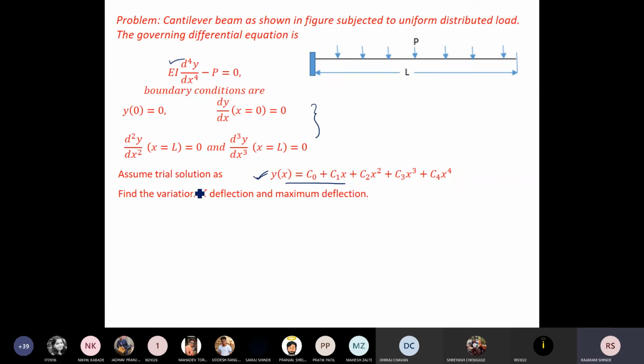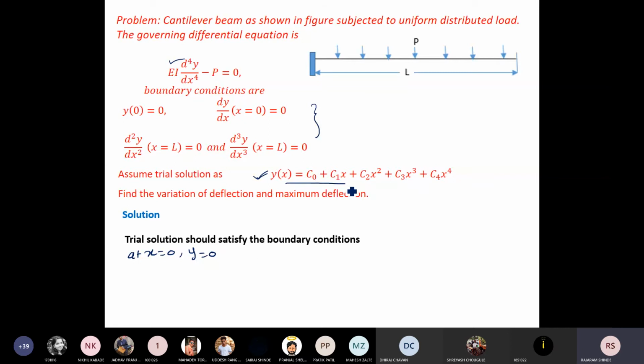Now apply the boundary conditions. Your trial solution or approximate solution should satisfy the boundary conditions. Now what is first boundary condition? At x is equal to 0, you have y is equal to 0.